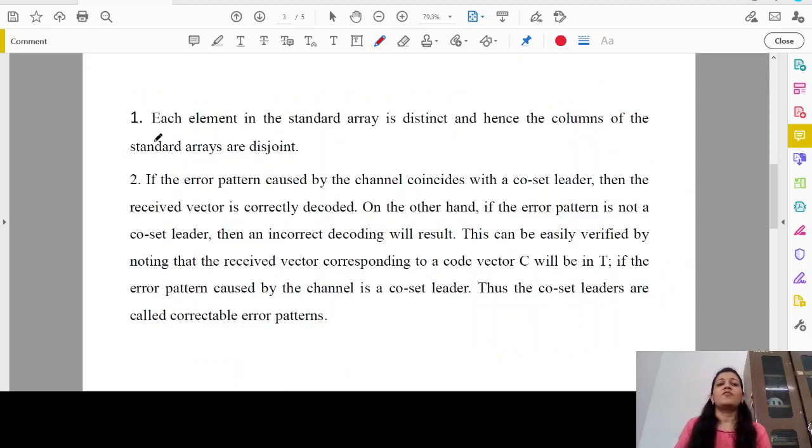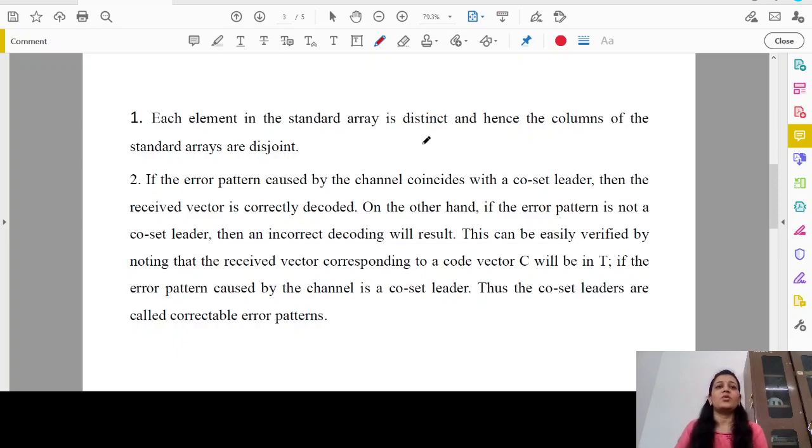We know that each element in the standard array is distinct, and hence the columns of the standard array are disjoint. I told you this clearly, because it depends upon the error pattern that you are choosing. If you choose an error pattern that has not occurred before in your standard array, obviously each element would be distinct.